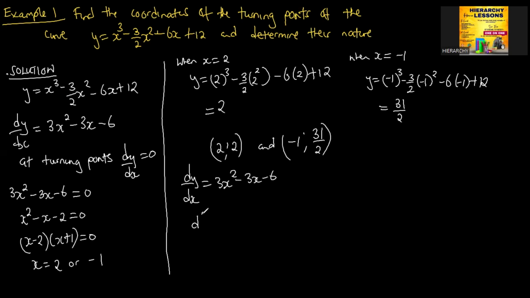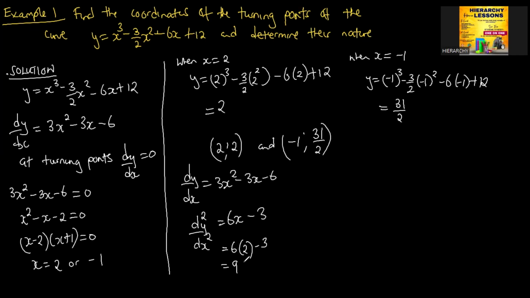The second derivative, d squared y over dx squared, is equal to 6x minus 3. That's the expression for the second derivative. Then we slot the x coordinate in for the first point: 6 times 2 minus 3, so 12 minus 3, which gives 9.